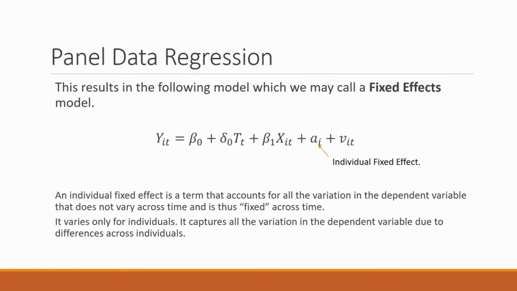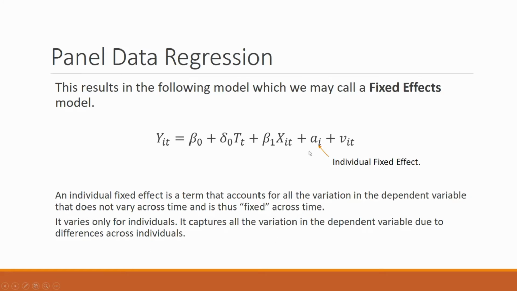So this fixed effect variable, this A_i, varies only for individuals. It captures all the variation in the dependent variable due to differences across individuals, but it's fixed across time.